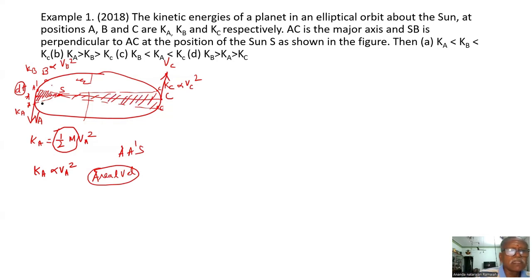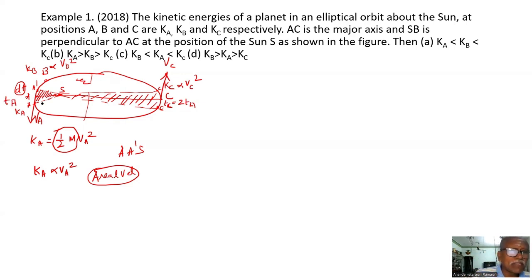Means, suppose for A to A dash the time taken is T1, then it will take 2 times T1. Tc equals 2 times Ta, because the area is double for the same distance. It covers double the area from the sun. That's why it takes 2 times.